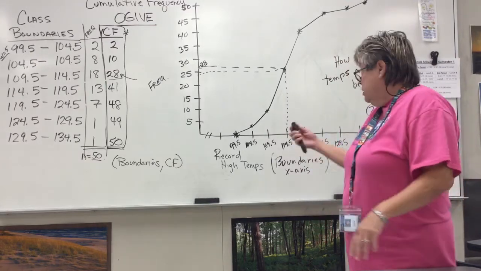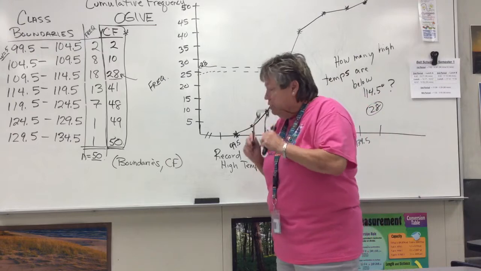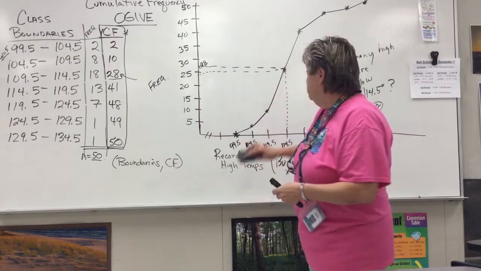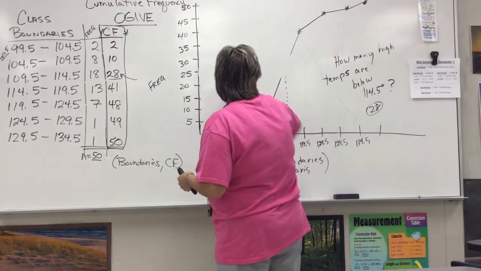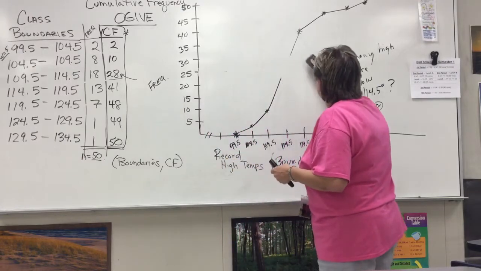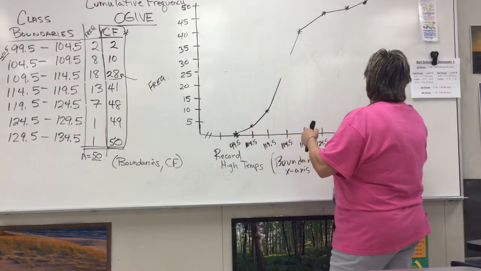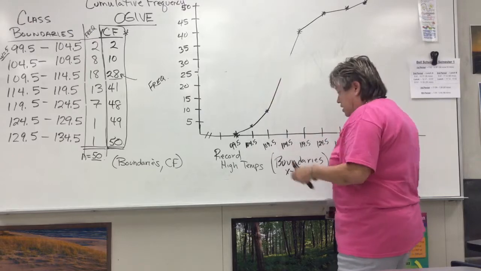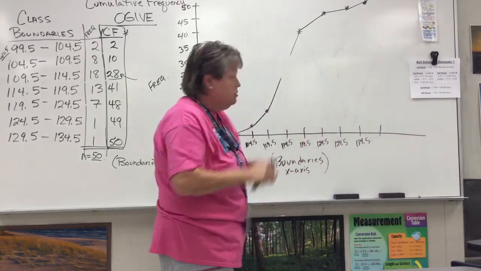Okay, now another thing that's kind of cool, if I give you the same data, which if you've watched any of my videos, you may have noticed that for histogram, frequency polygon, I've actually used the same data set just in different sections.